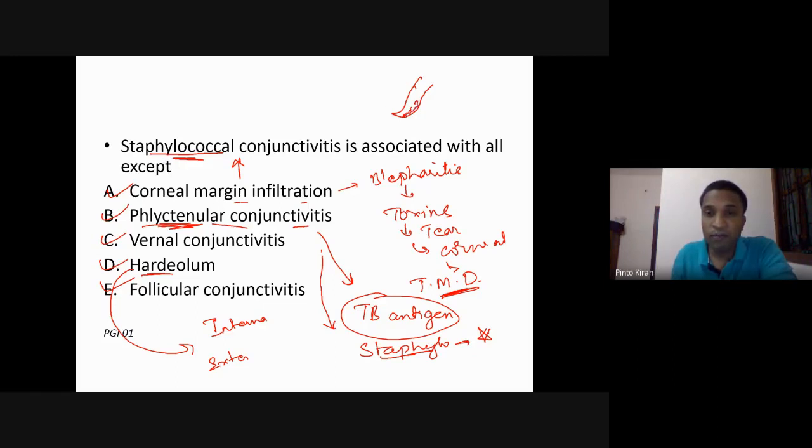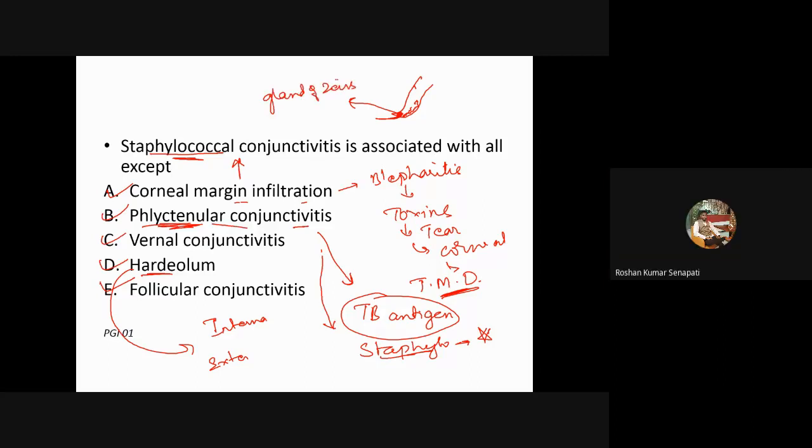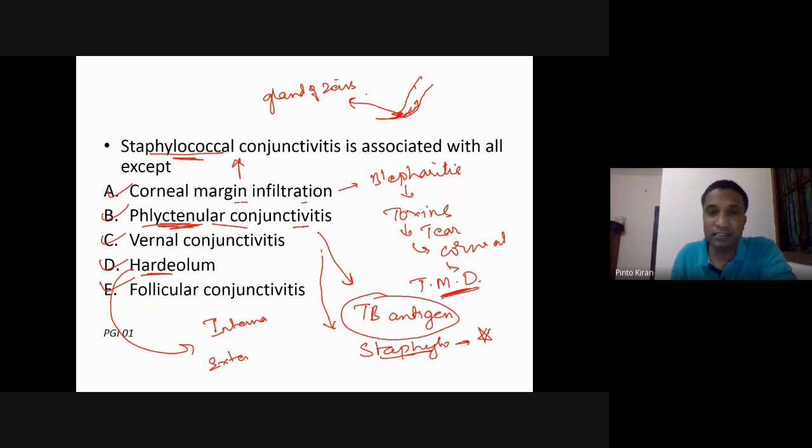You have a meibomian gland, then you have a hair follicle here. To the hair follicle, there is one more gland attached. The name of the gland is gland of Zeis. Okay, this is the meibomian gland.